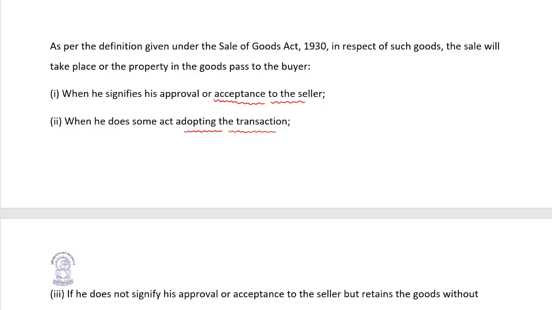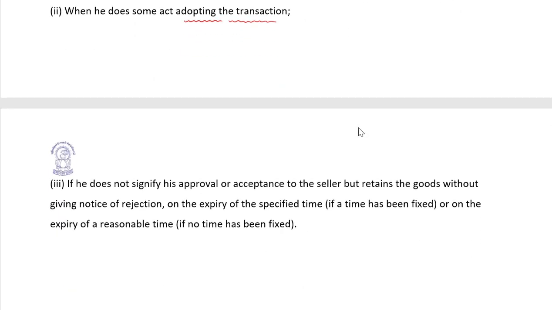This could be that he does not tell the seller that yes, I am accepting the goods, but he is using the goods for his purpose, or he has already sold the goods. In that case, he has accepted the goods.